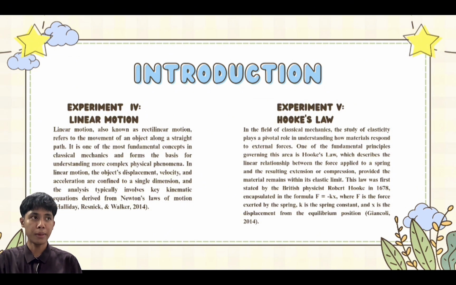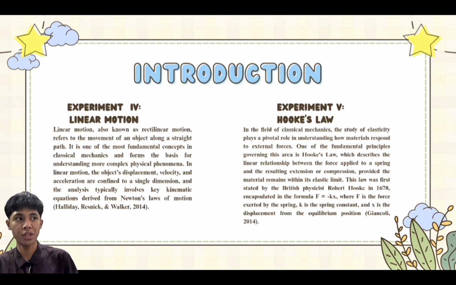And as for experiment 5, Hooke's law. In the field of classical mechanics, the study of elasticity plays a pivotal role in understanding how materials respond to external forces. One of the fundamental principles governing this area is Hooke's law, which describes the linear relationship between the force applied to a spring and the resulting extension or compression, provided the material remains within its elastic limit.